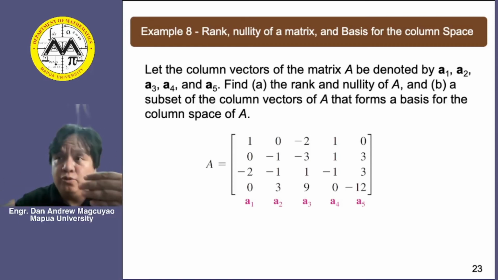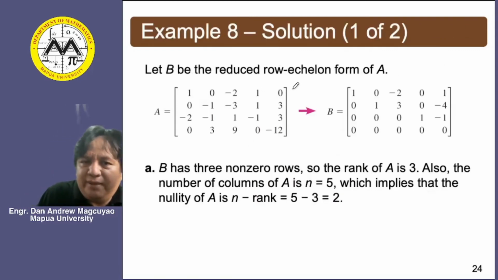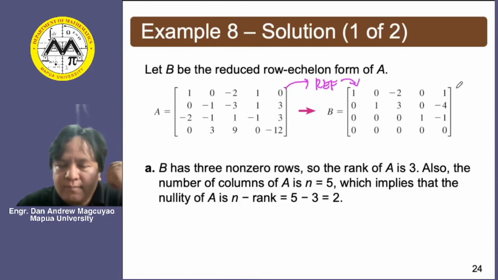Our general solution is to find the row echelon form equivalent by elementary row operations.